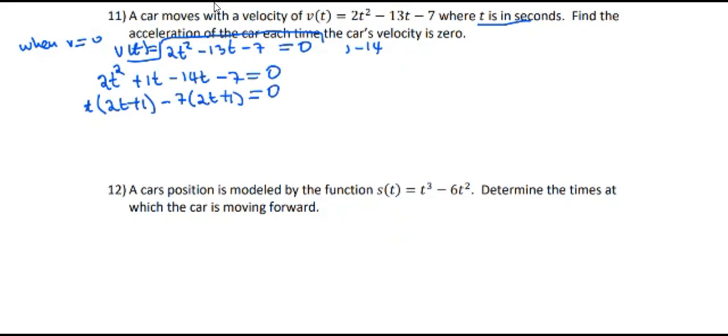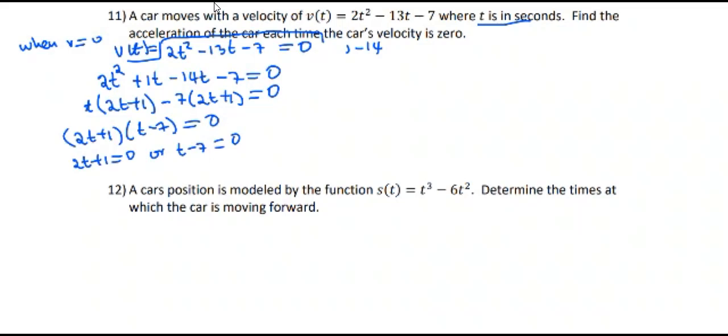Then we could factor out a 2t plus 1, and what we get is 2t plus 1 times t minus 7 equals 0. So this means that 2t plus 1 equals 0, or t minus 7 equals 0.